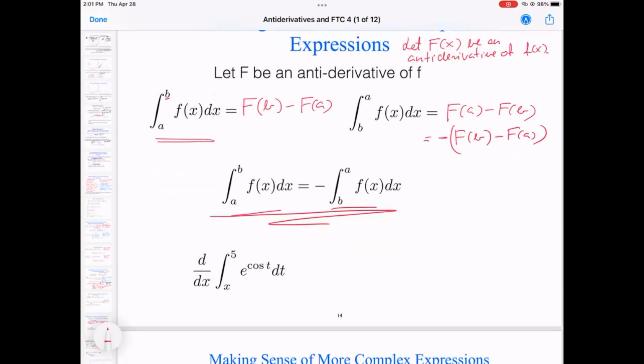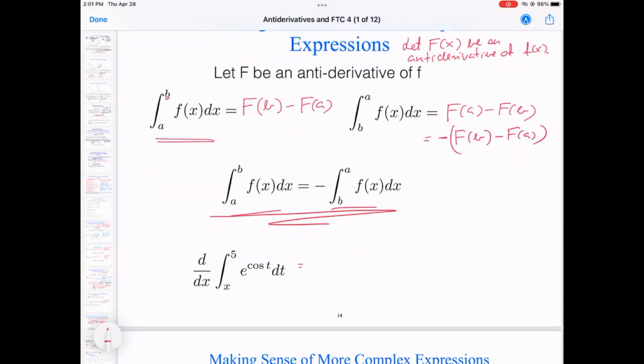So what's the rate of change of the accumulation when x is on the bottom? You start at x and go to 5. This is all just manipulative exercises, and in Calc 2 you're going to have a lot of integrals, so you have to be pretty good at how to manipulate this.